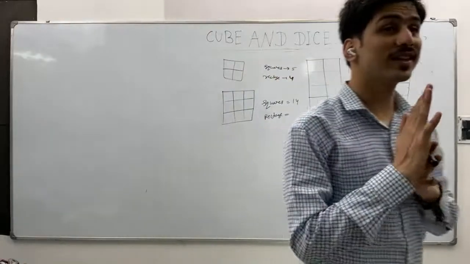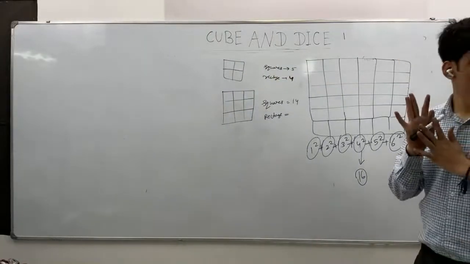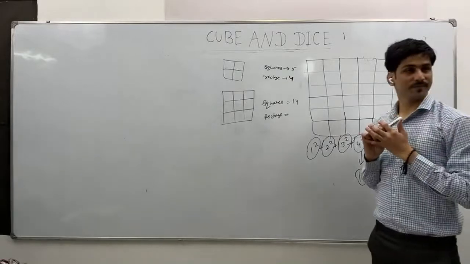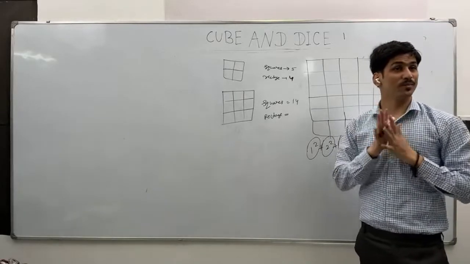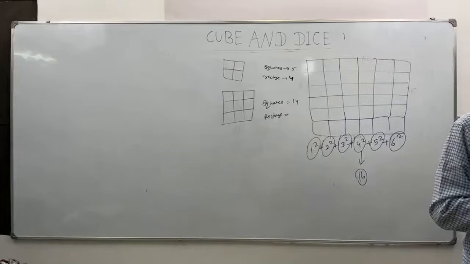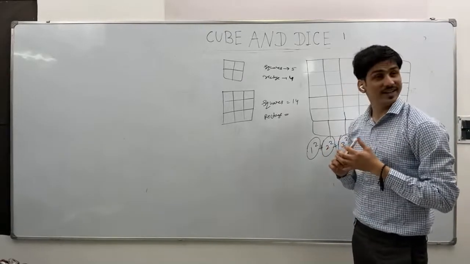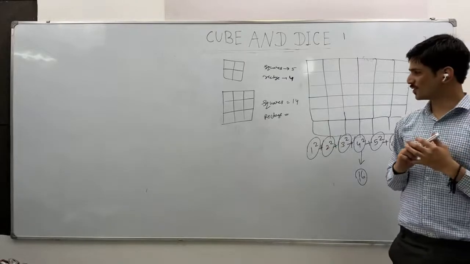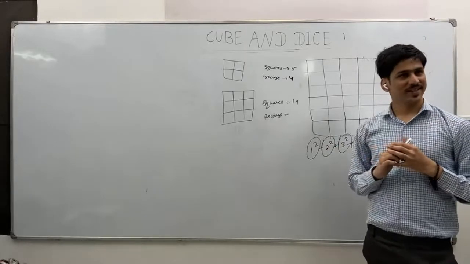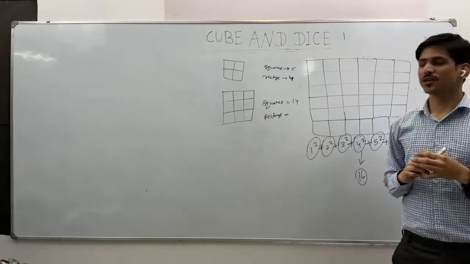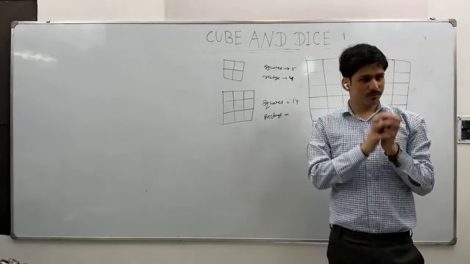Okay. Then how many rectangles are there? 18. 10. How come 10? Just 12. 13. 12. How come? 10. Actually, I'm not asking.